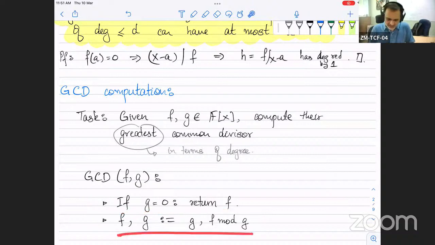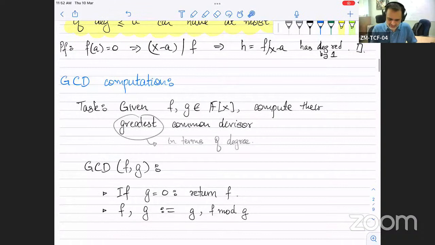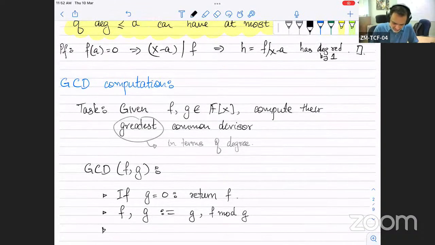And you just keep applying this again and again. So this is just meaning return GCD of these two things.